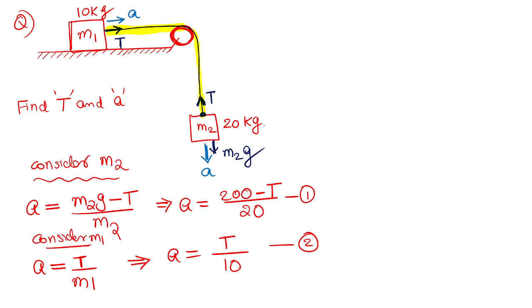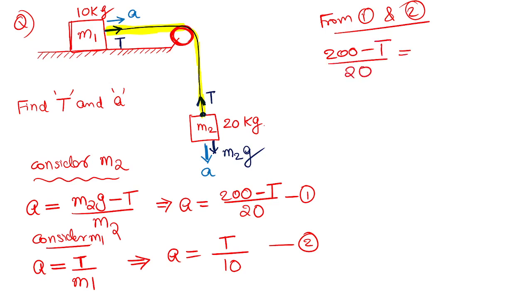So I want both A and T, right? So from 1 and 2, let me write that step. This is A, this is also A. So I can equate them. 200 minus T divided by 20 is equal to T by 10. 10 cancels both sides.